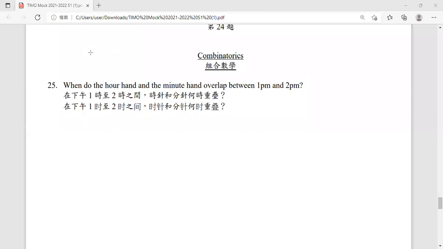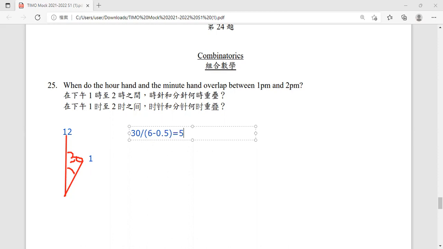Okay, I will explain very fast. Imagine it's 1 p.m. The 12 is here, and you will know the angle is 30 degrees. So it's just 30 degrees divided by the speed of the minute hand, which is 6, minus the speed of the hour hand, which is 0.5 per minute.